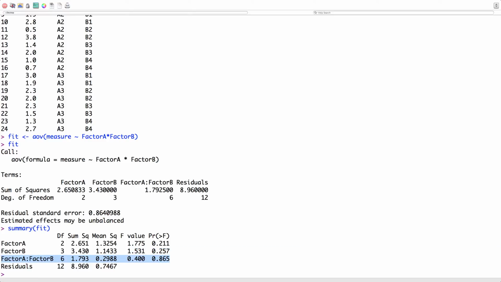So in this case, what I would do is rerun the model, and I would call this fit 2 or whatever you like, and I would run my ANOVA over the measure over factor A plus factor B. So this is going to give me my model not including the interaction effect. So guys, when we run through our model and we see that the interaction effect is not statistically significant, then my attention is going to be on factor A and factor B independent of including the interaction.